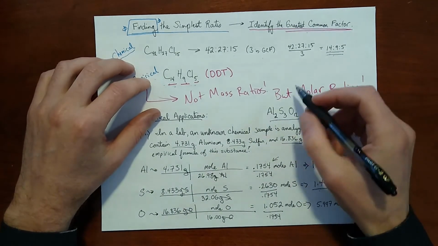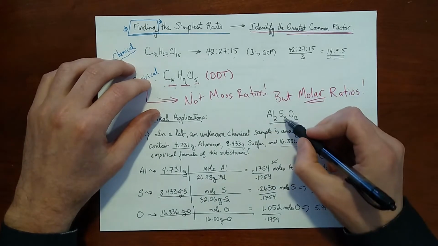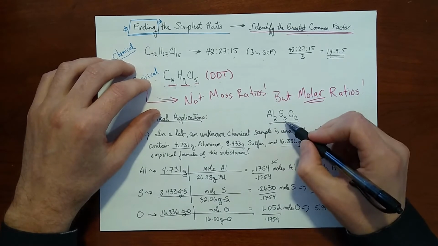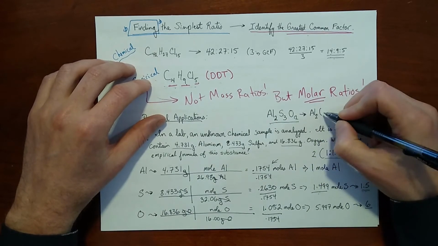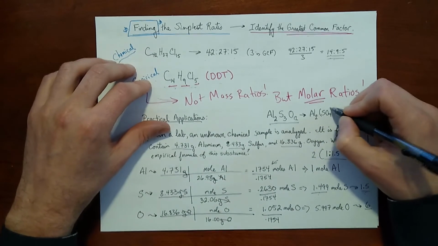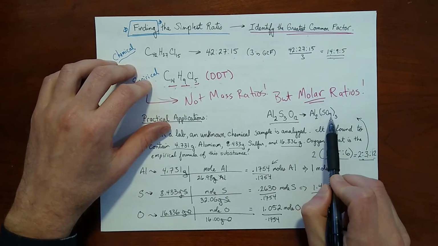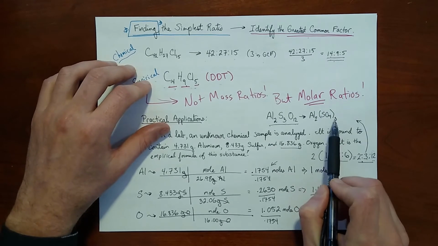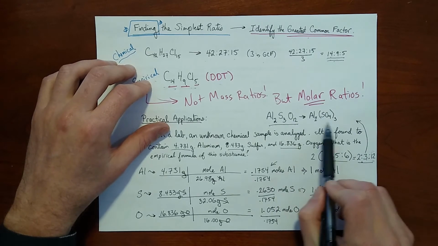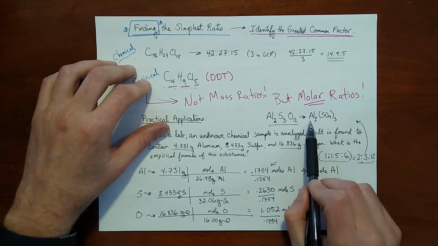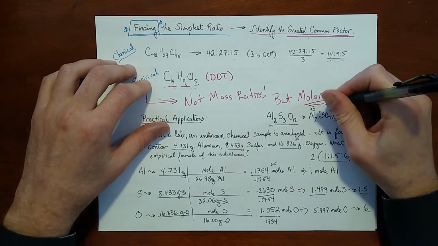But being clever, I know that sulfur and oxygen tend to combine as sulfate. So actually here, this relationship between the sulfurs and the oxygens, what's really going on, because I know my oxyanions, is that S3O12 is really SO4, it's sulfate, but there are 3 of them. If you did the oxidation number analysis of this, you'd see that this works out perfectly, because aluminum is going to be +3, sulfate has a -2 charge.